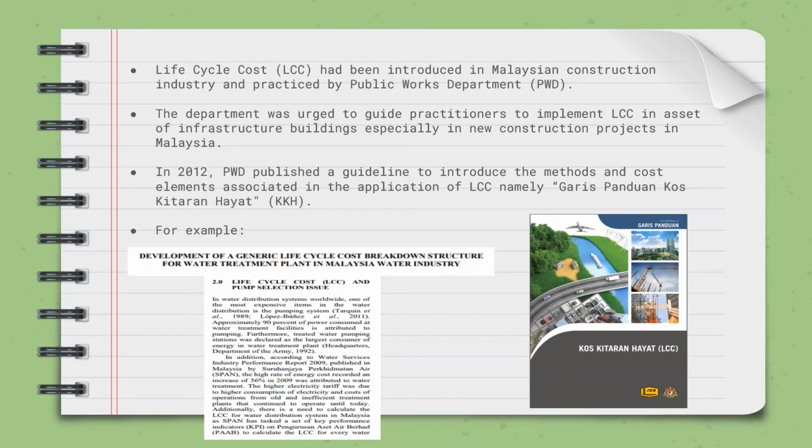Other than that, Jabatan Kerja Raya (JKR), for example, they consider whether to use Portland cement concrete pavement or hot mix asphalt in road construction. Therefore, the organization implements life cycle costs in order to make wise decisions to choose between both of the materials to finish the project with aspects of long-term planning and low cost.